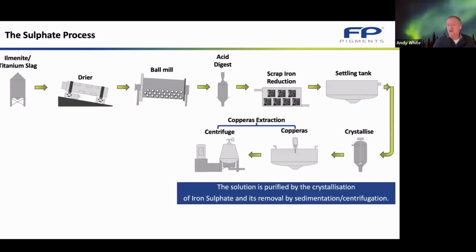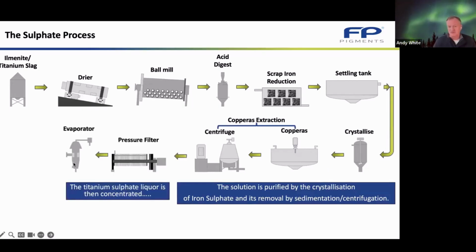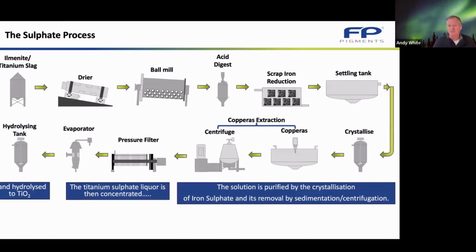You're then going to crystallize the iron sulfate and remove the copperas, which is the iron sulfate hexahydrate. Centrifuge that out and filter everything else off, so you end up with a titanyl sulfate as pure as you can get.